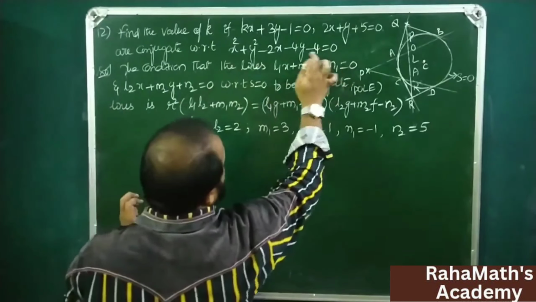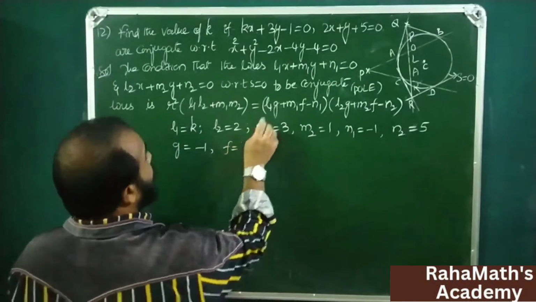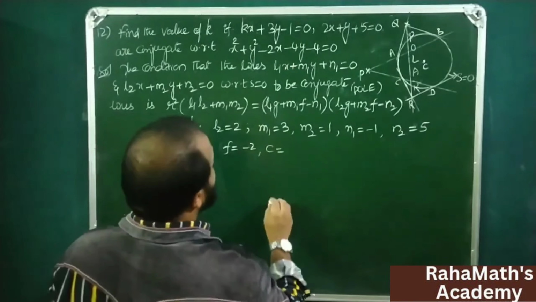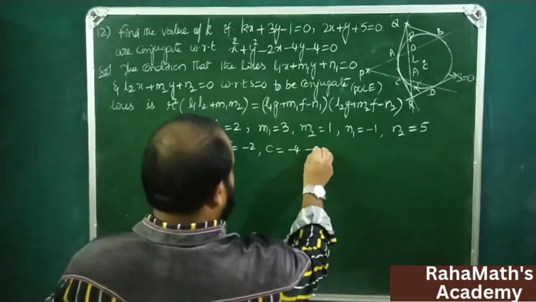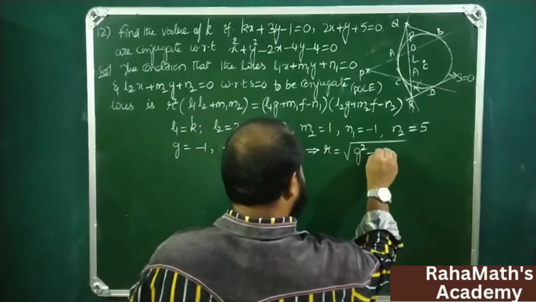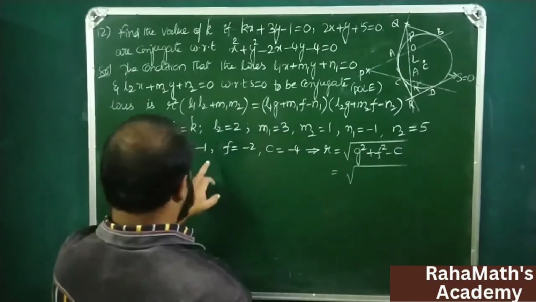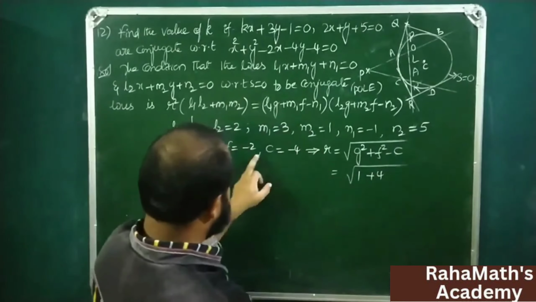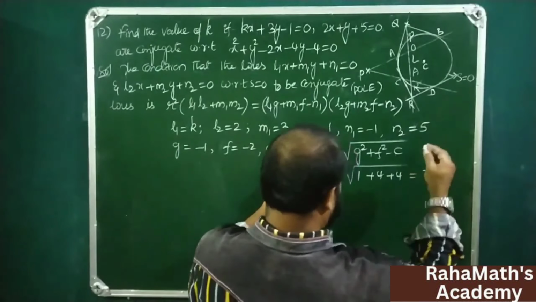So this could be compared with the general equation of a circle: f equals to minus 2 and c is equals to minus 4. So from this radius r equals to square root of g square plus f square minus c: g square 1, f square 4, c is minus 4, so minus of minus plus 4. So root 9 which is 3.